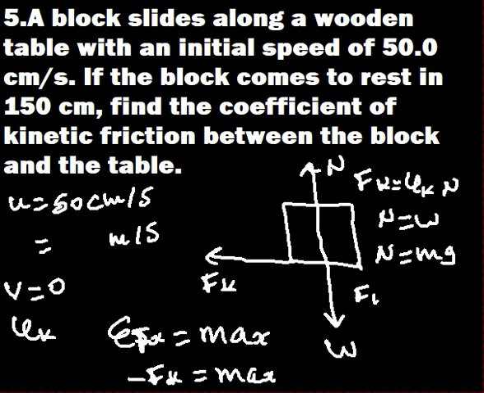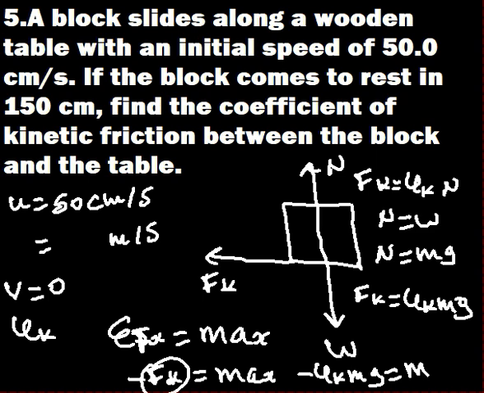So now Fk is given as mu k times mg, which we substitute here. That is, now we have negative mu k mg is equal to mass times acceleration. This mass and this mass will cancel.